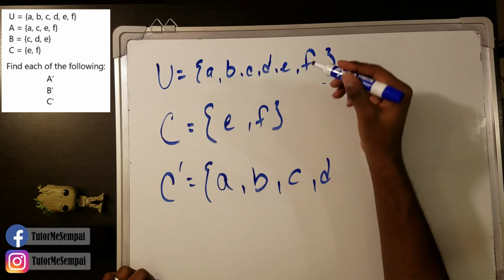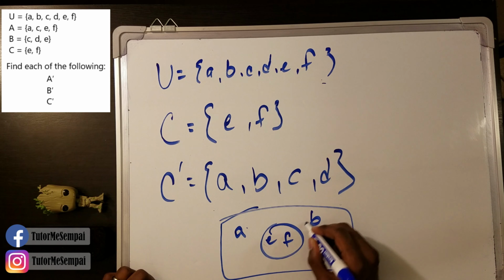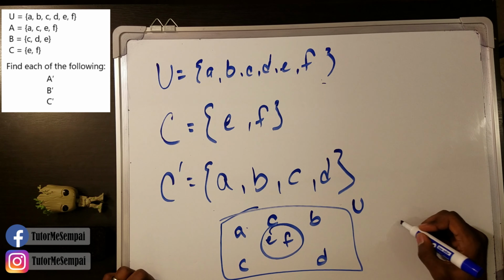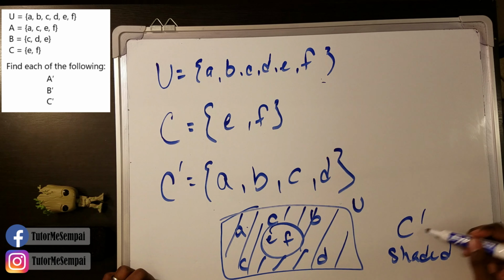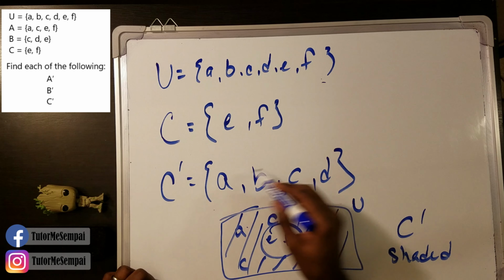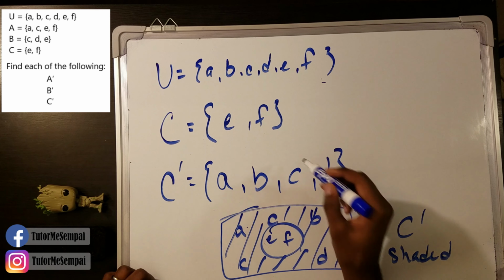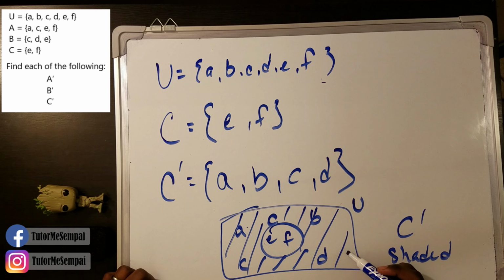So C complement is going to be the set A, B, C, and D. C complement is going to be the shaded region only hitting what's in this set here, A, B, C, and D.